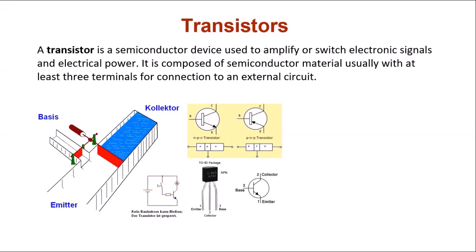Now you will say, sir, base should be in the middle. Why is it kept like that? When you find the physical transistor, at that time you will understand how the base is kept. It is looking different because it is a 3D diagram, but it is always kept in the middle. So don't get confused.